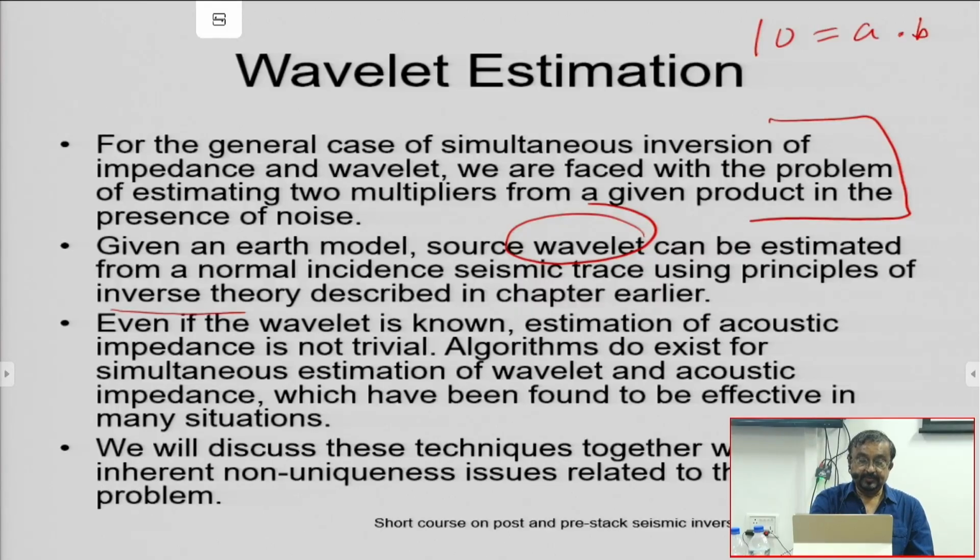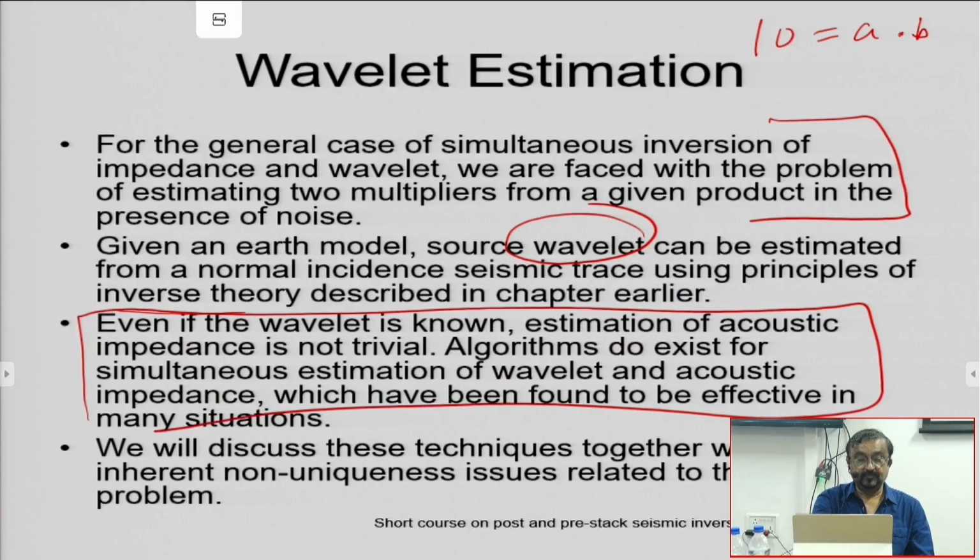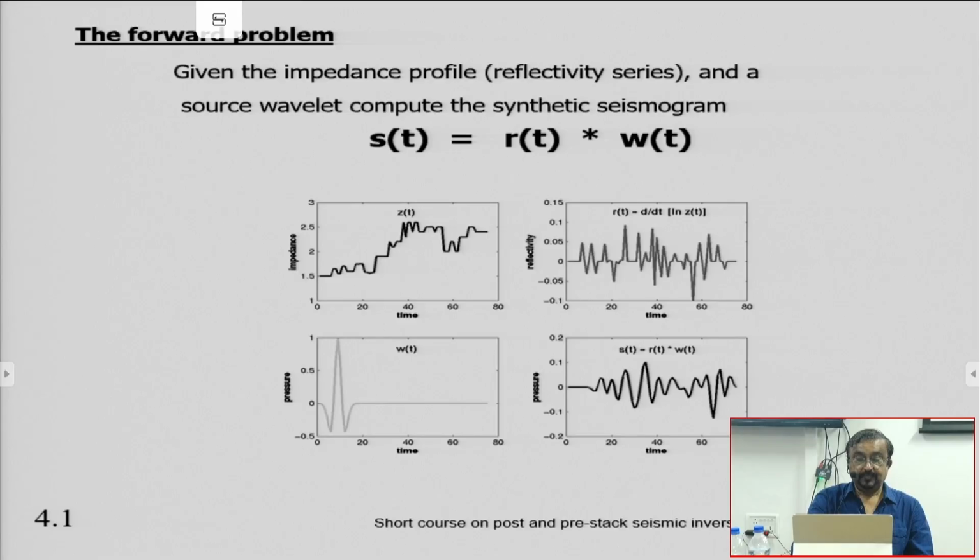One very important thing is that even if the wavelet is known, the estimation of acoustic impedance is not trivial. Okay, and I'll explain to you why. So let's say that this is my seismic trace, which has been generated by convolving reflectivity with the wavelet.